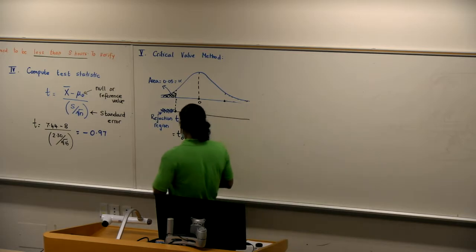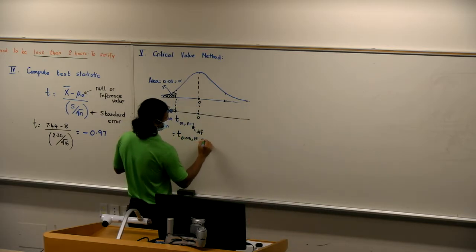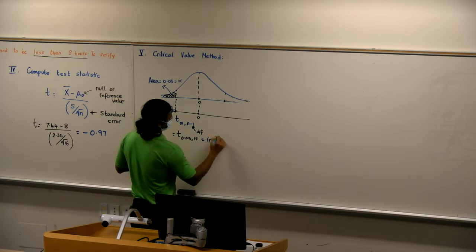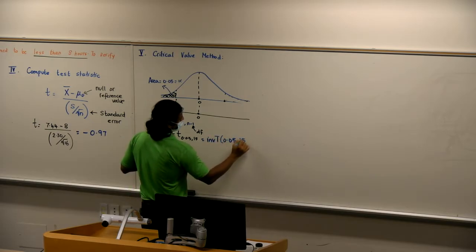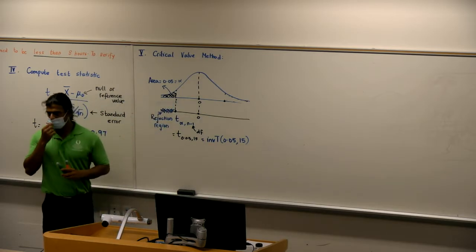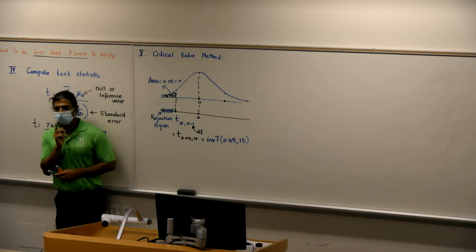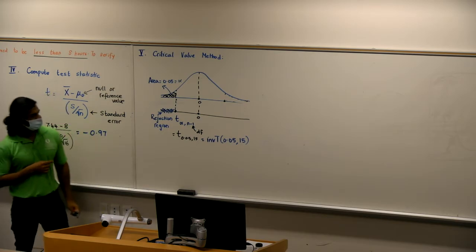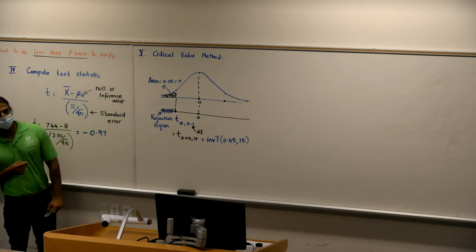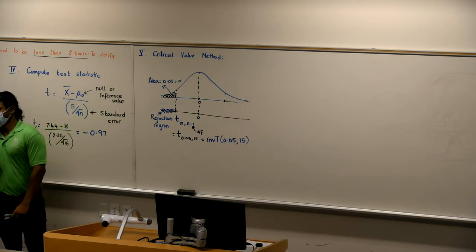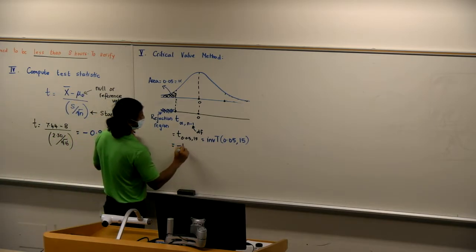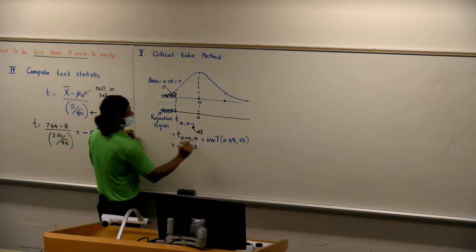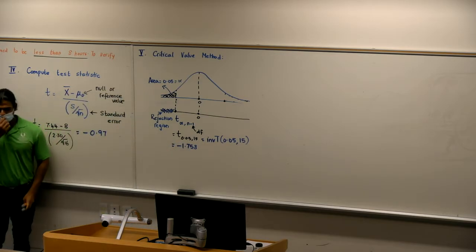So inverse t 0.05, comma 15, and what do we get? Minus 1.753. It happens to be minus 1.753.